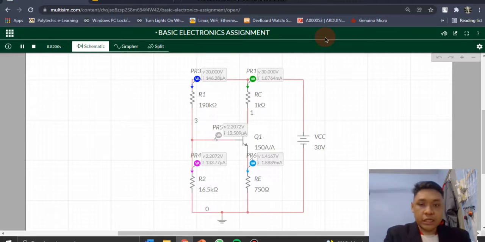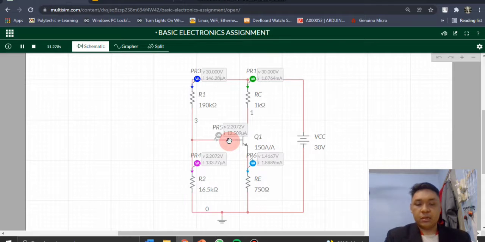Okay, so here we got the voltage divider circuit BJT. The first thing to calculate this voltage divider is to find the IB, which is current at base. The formula that we are using is IC over beta.